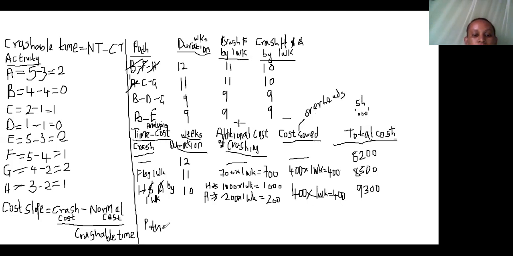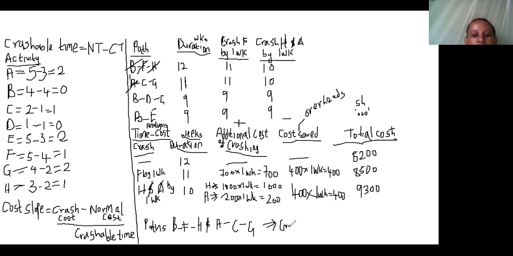Finally, we have paths B, F, H, and we also have path A, C, G being critical paths. These two are now actually critical.